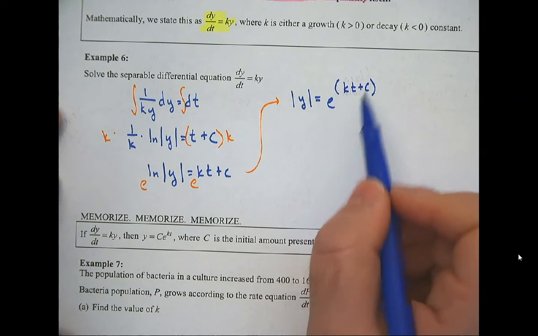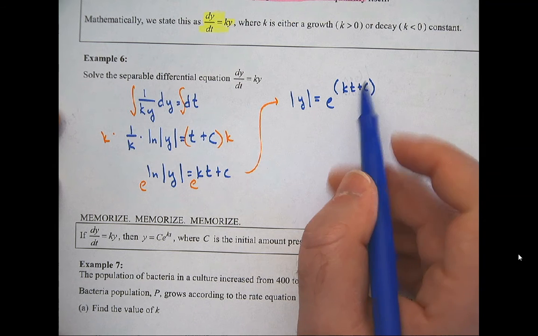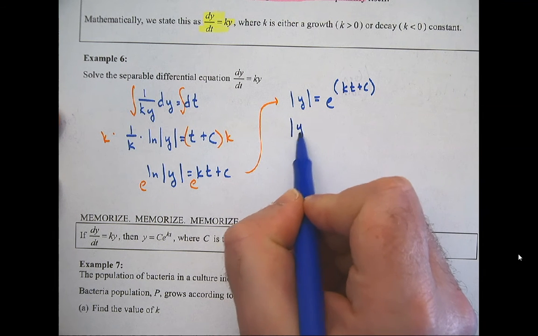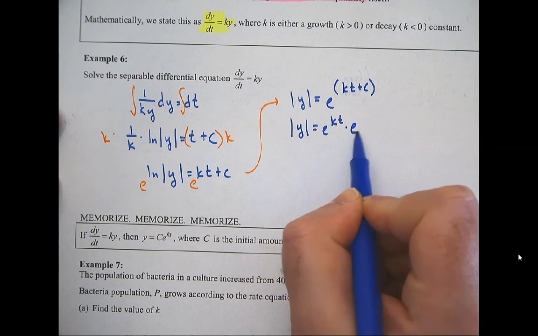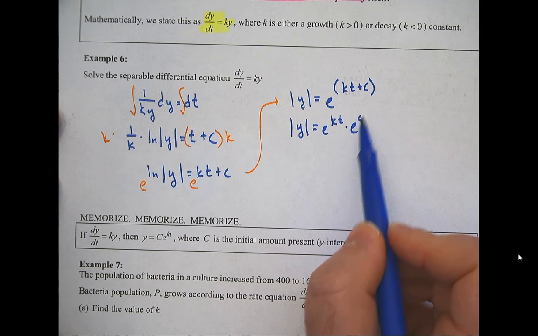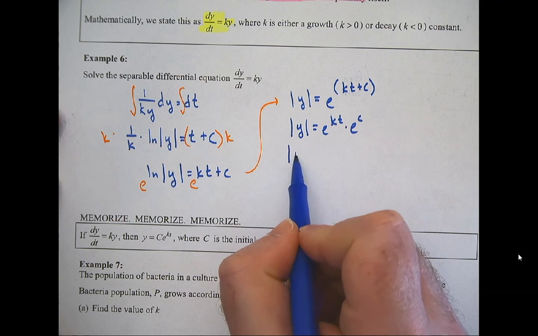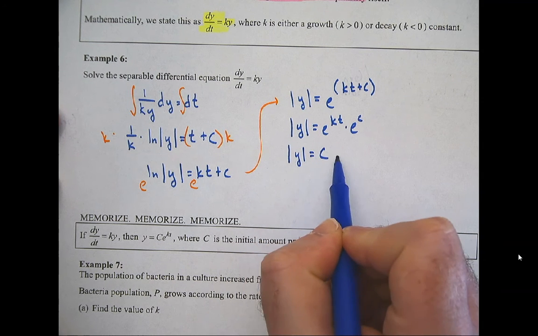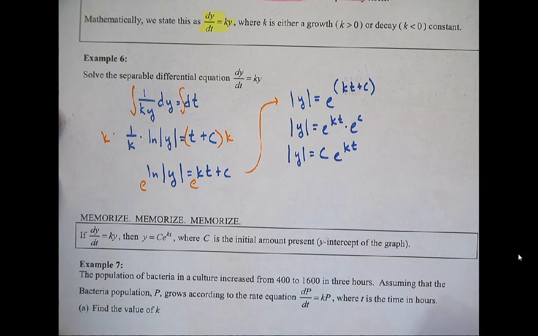This is something we talked about in the last lesson, so I'm going to break this apart, right? e to the something plus something else turns into a multiply. So absolute y equals e to the kt times e to the c. What's this? This is some number. e to some number is some other number. So I now have absolute y equals, I'm just going to call that new number my constant, times e to the kt.